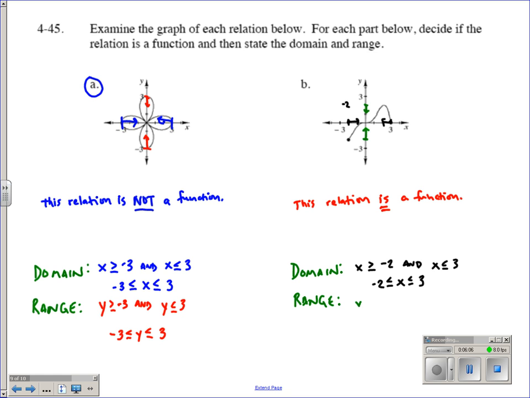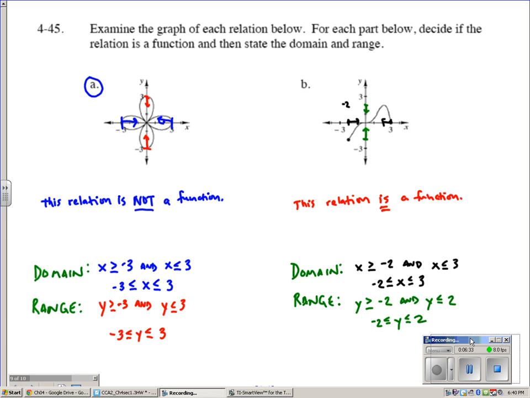So we're going to say y has got to be greater than or equal to -2, and y is less than or equal to +2. And one last time, let's take it and change that into one statement. So we have -2 is less than or equal to y, which is less than or equal to +2.